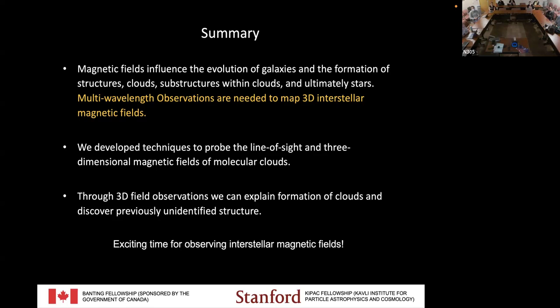But then it's a play, because then magnetic fields also, when we have the arc-shaped magnetic field morphology, like a valley, they allow for accumulation of more mass into the filament and formation of denser filaments.